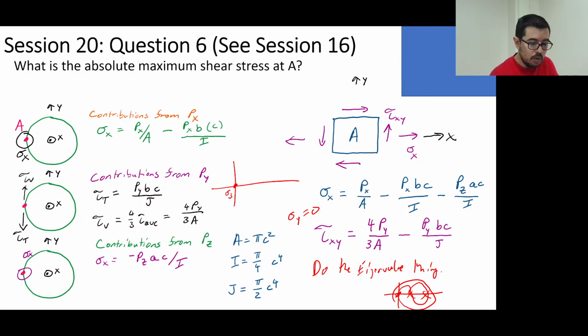And you know what sigma 1 is. Well, do you know what sigma 1 is? You don't know what sigma 1 is yet. What you do know is that this has some Mohr's circle, and again, I can't remember if these are positive or negative, but let's assume they're both positive. So sigma x, and this is going to go through the origin because it has to. No, it doesn't. Sorry, it does not. That was a lie.